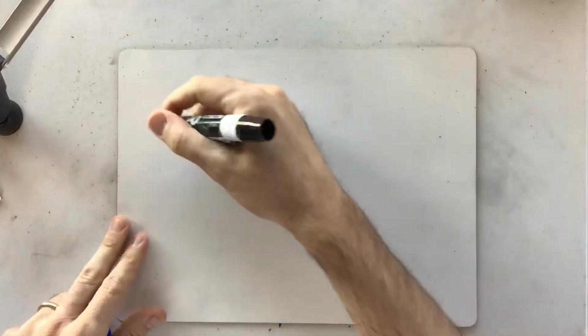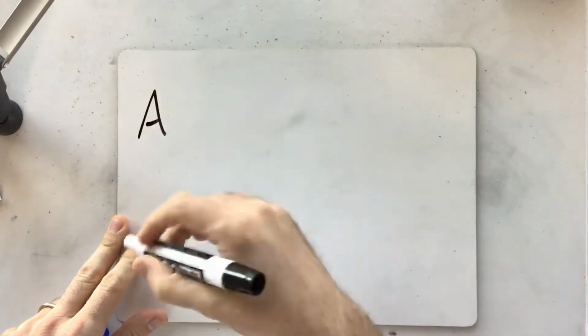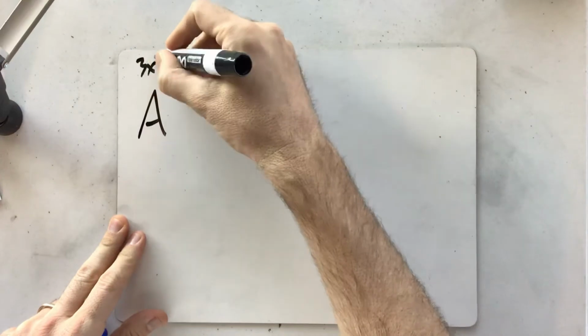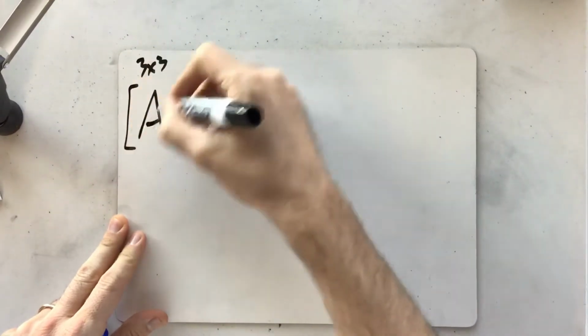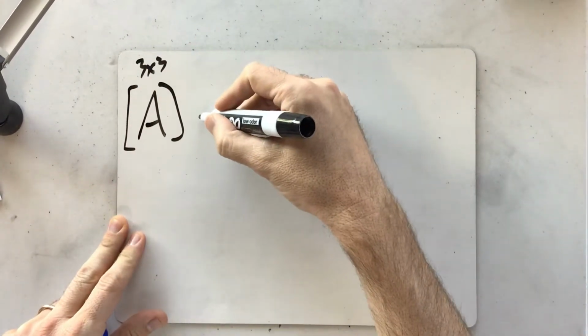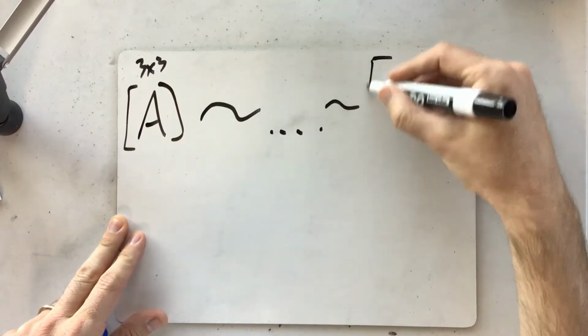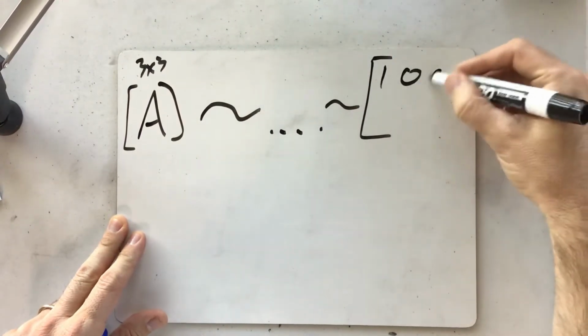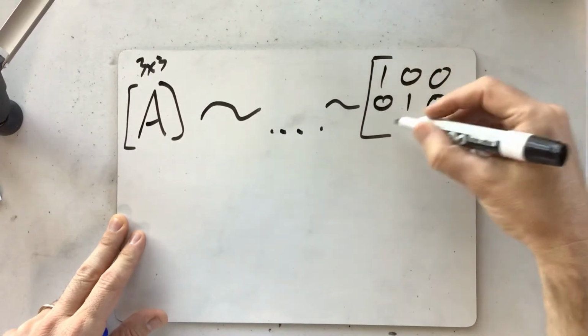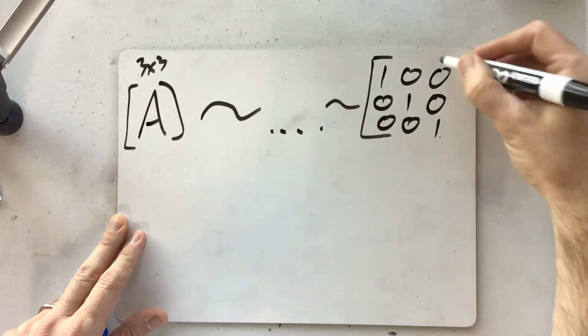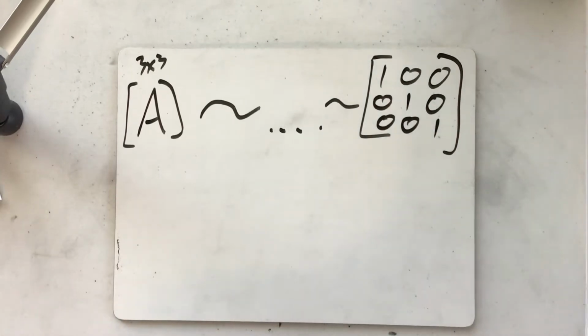If we start with the matrix A, say it's a 3 by 3 matrix, and we start to row reduce, we know there are really only two possibilities. One possibility is that when you row reduce, you get the identity matrix.